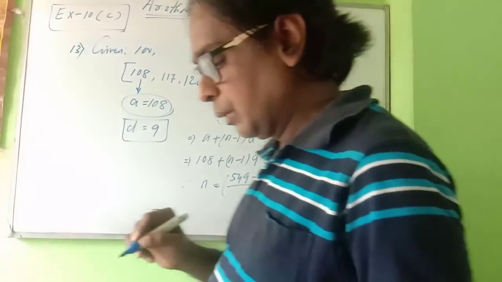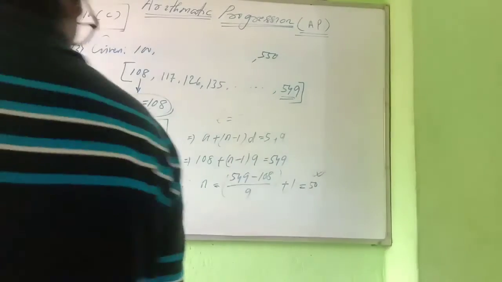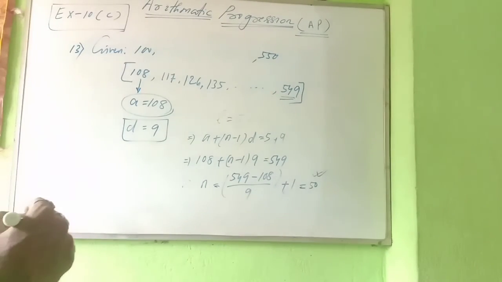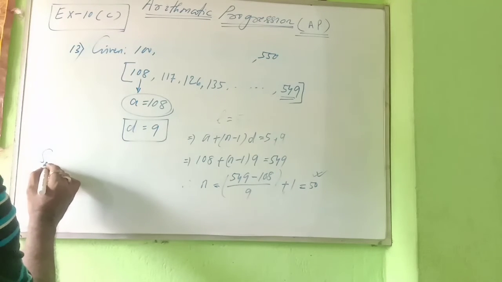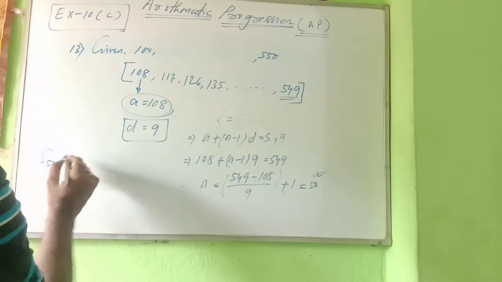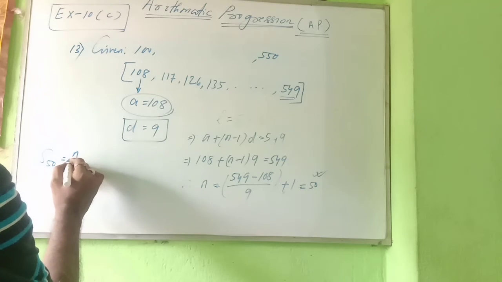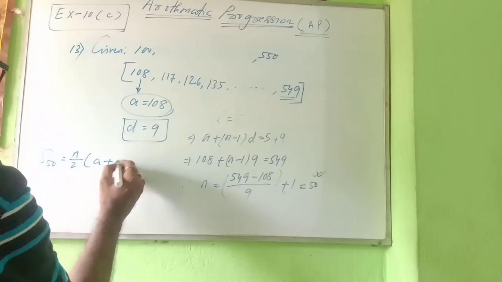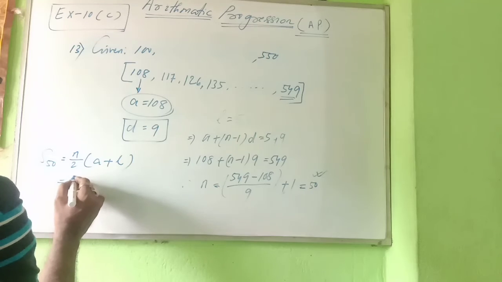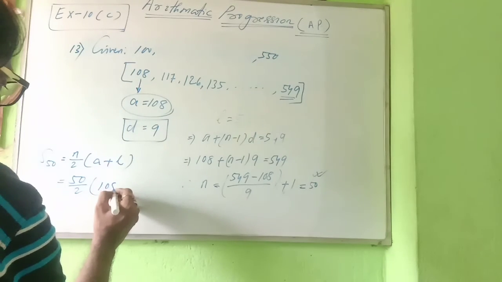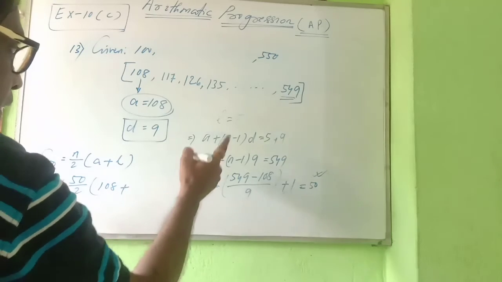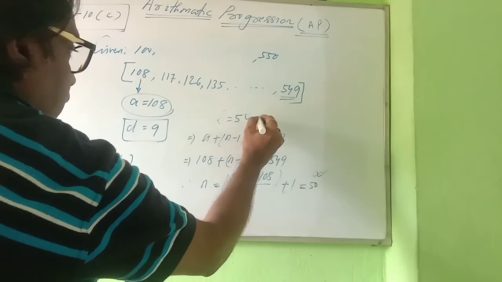Next you have to find the sum of n terms, that is S 50. The formula is n by 2 times a plus l. Here n means 50 by 2. The a value is 108 and the last term is 549.